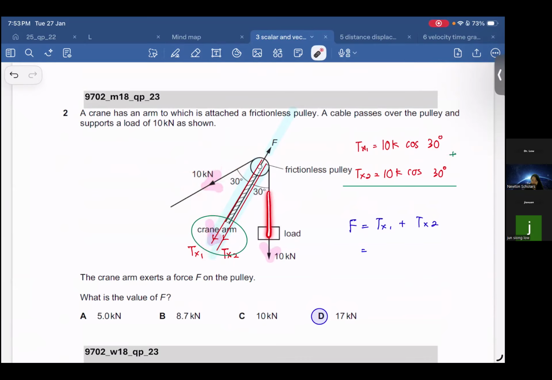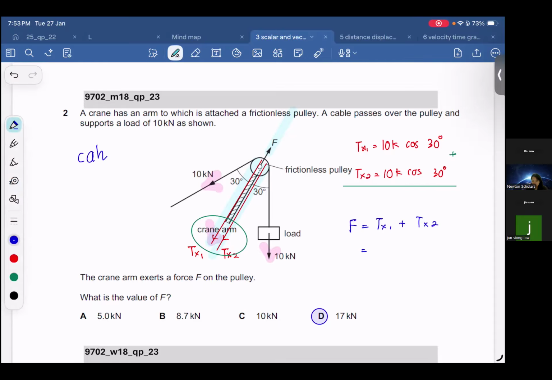Then on the other side, this one is also 10K. 10K cos 30 degrees, we get this Tx2. Right, Josh? Is it okay? But cos, so is that right? Cos, so.